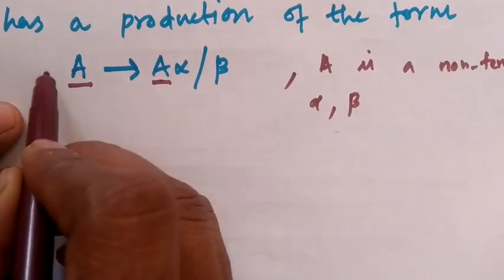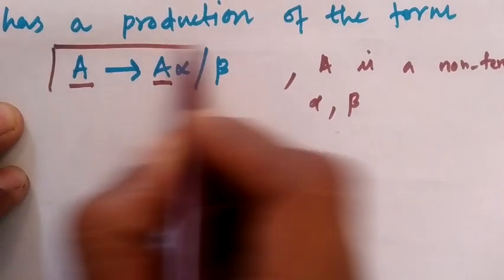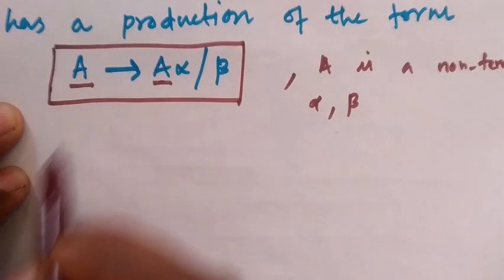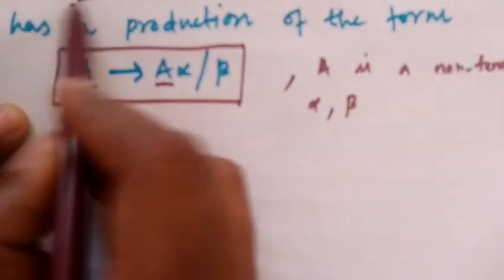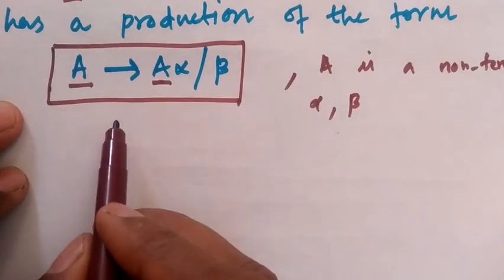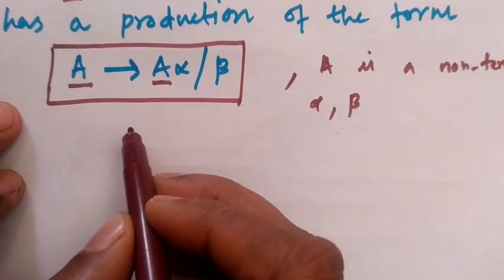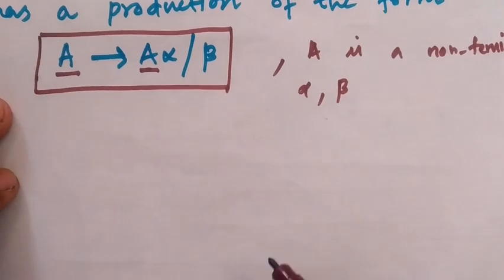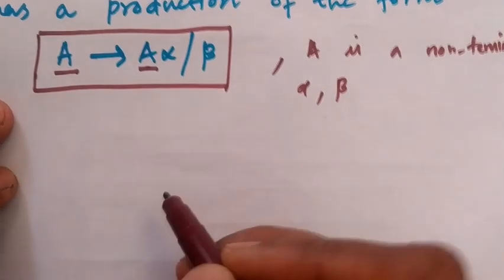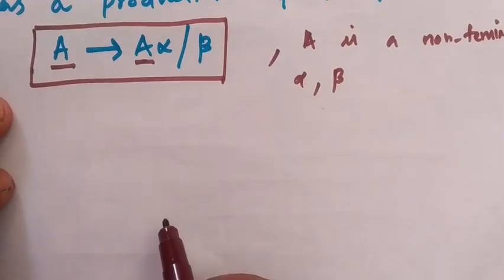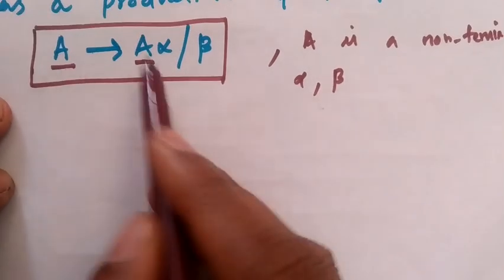Let us see here, this itself is the production which is present in the grammar G. Then how can I remove it? Before finding the equivalent grammar, I will tell you what the problem is in a grammar having the production A gives A alpha or beta.